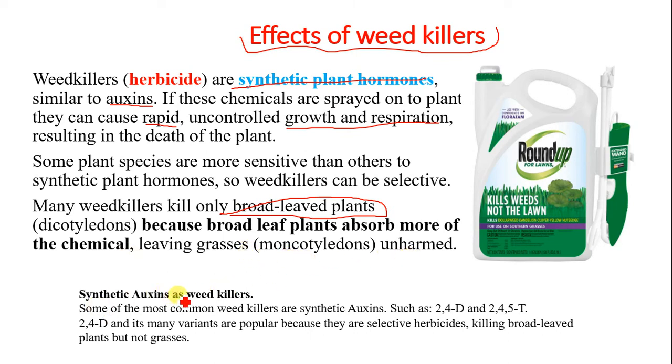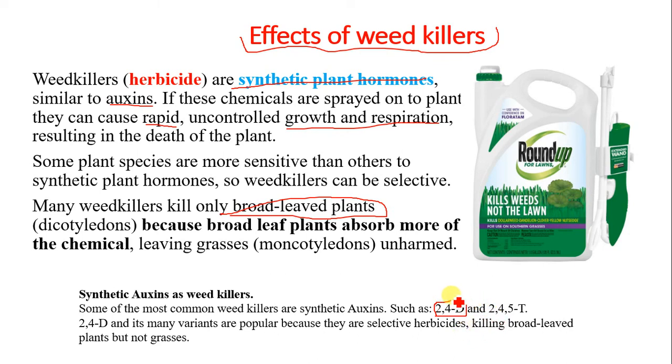So, synthetic auxin as weed killers. Some of the most common weed killers are synthetic auxins, such as 2,4-D. So in an exam, they'll ask you to describe how 2,4-D acts as a weed killer. It has many variants because they are selective herbicides, killing broadleaf plants but not grasses.